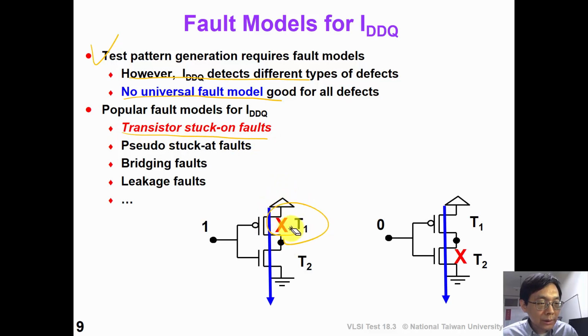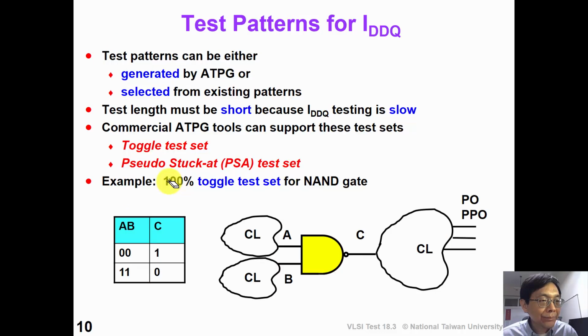Suppose this PMOS is stuck on. To detect this fault, we can apply logic 1. For this NMOS stuck-on fault, we can apply 0. We also have other popular fault models such as pseudo stuck-at, bridging fault, leakage fault, etc.